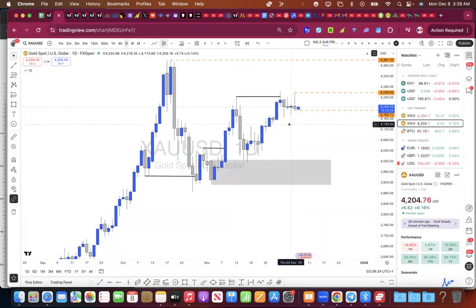Funny enough, this is like a break of structure on daily, but like a sweep of liquidity. If this sweep was taken, then you need to have a break of structure, meaning that we need to break below this point. And after we break below this point, we now want to look, and that will be a massive sell.